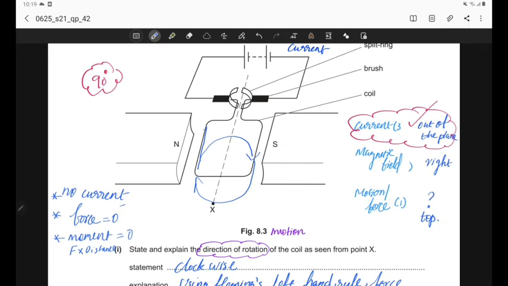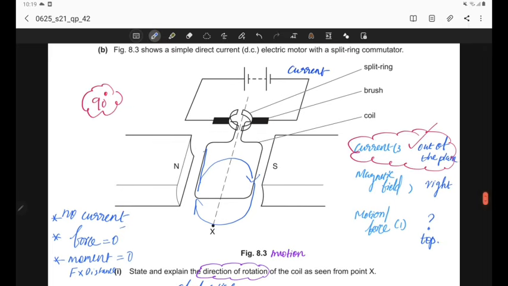So again we can look at these split rings. When the split rings rotate 180 degrees, this split ring which is now at the left side will go to the right side, and this split ring which is at the right side currently will go to the other side. So along with the split ring, the coil which is also attached to the split ring will also move to the other side.